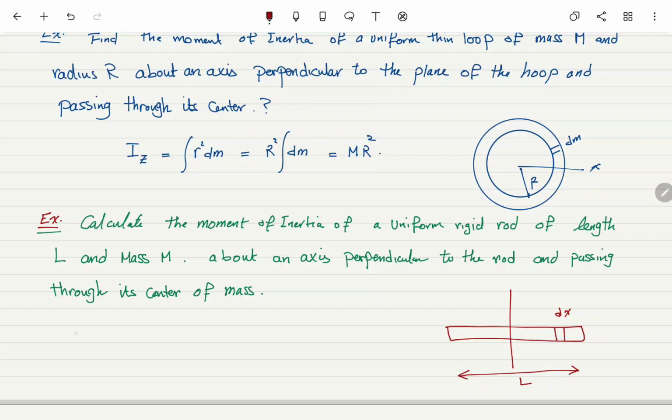Now dm, the mass element, is equal to lambda dx, or equal to m over L dx.